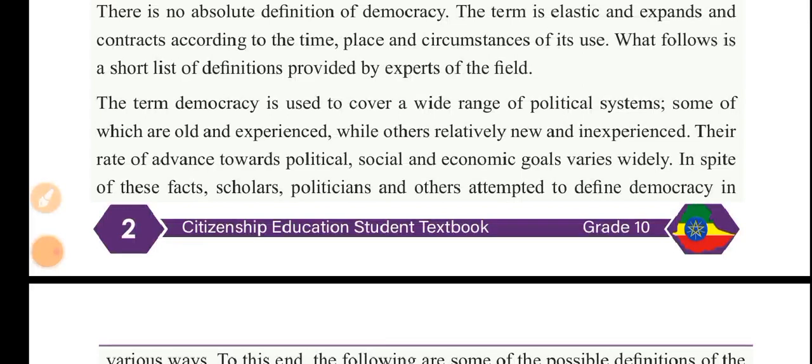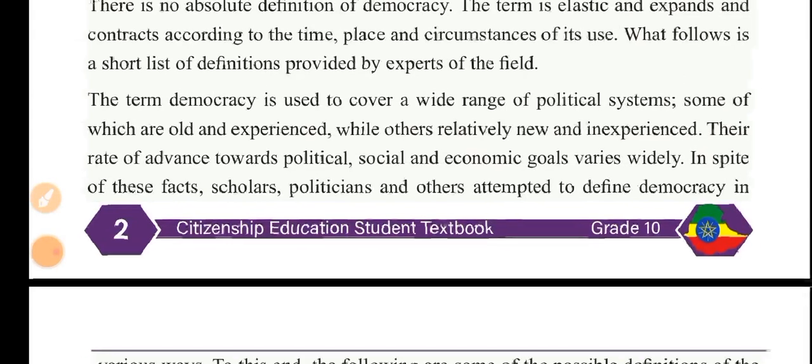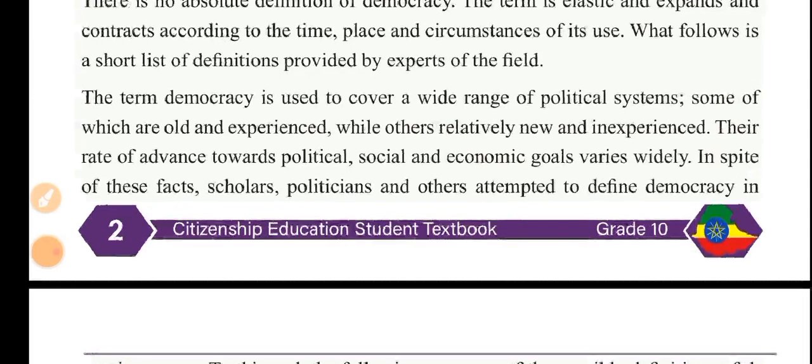Their rate of advance towards political, social and economic goals varies widely.